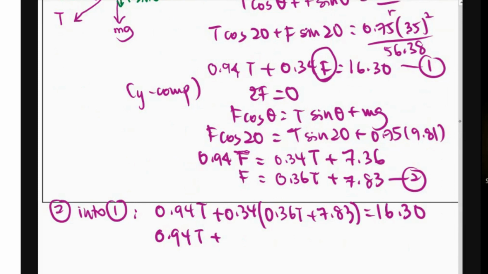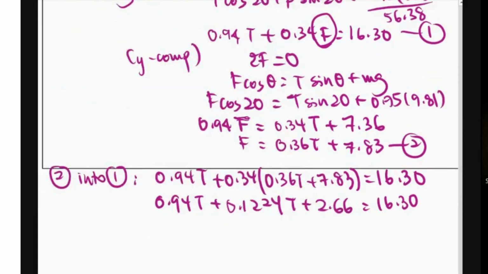So here you get 0.1224 tension plus 2.66 equal to 16.30. So simplify this tension.